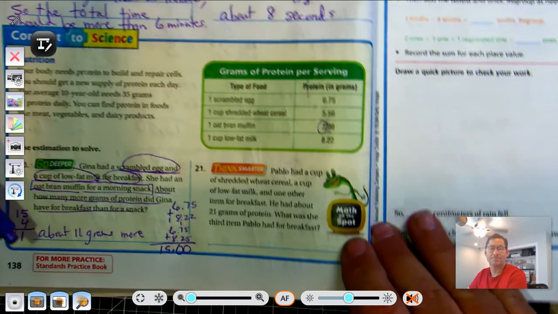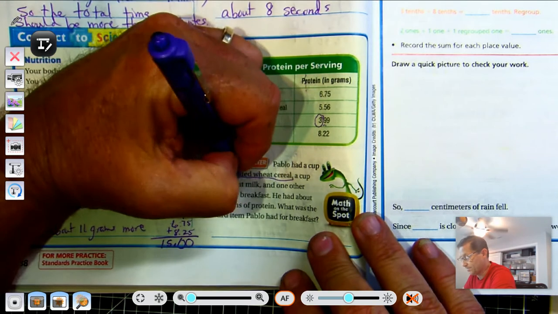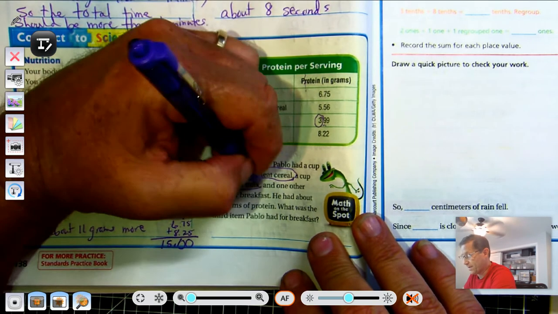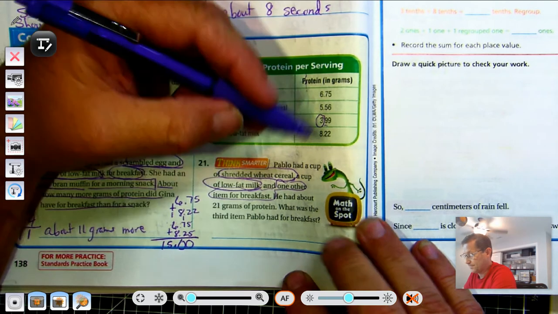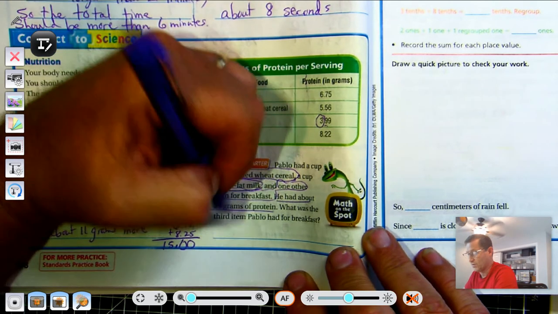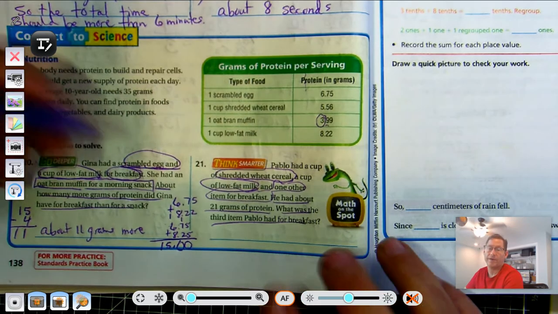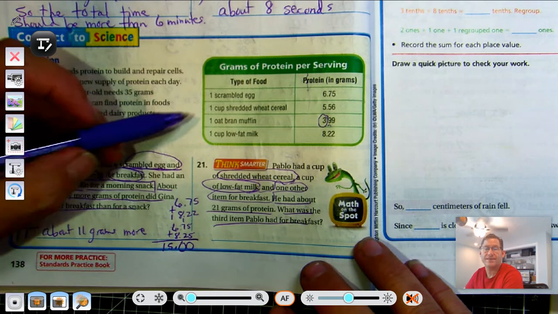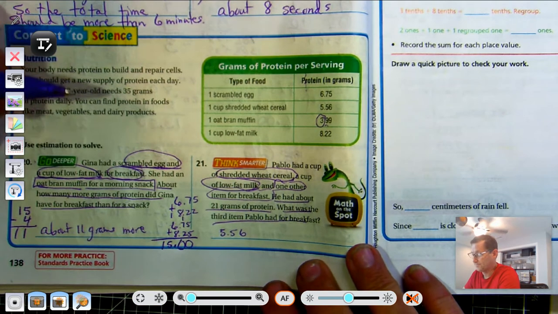And 21. Pablo had a cup of shredded wheat cereal, a cup of low-fat milk, and one other item. He had about 21 grams of protein. What was the third item? Okay. All right, so shredded wheat, 5.56 grams.